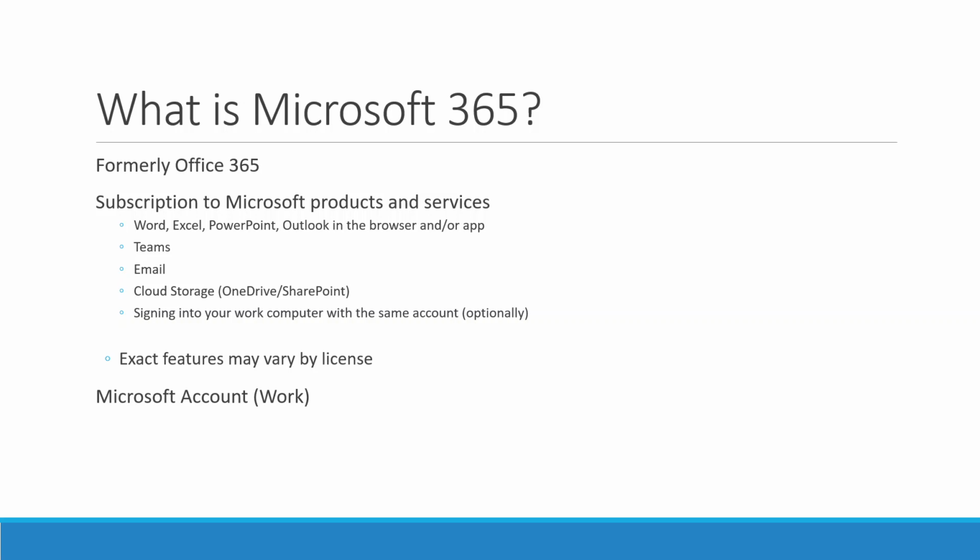These services can include access to Word and Excel, PowerPoint, Outlook, or Microsoft Publisher, and will generally include access to email, Microsoft Teams, cloud storage for storing documents that we collaborate with others with, or even signing into your computer, although exact features can vary by your license.